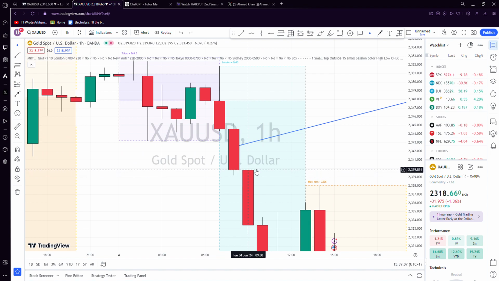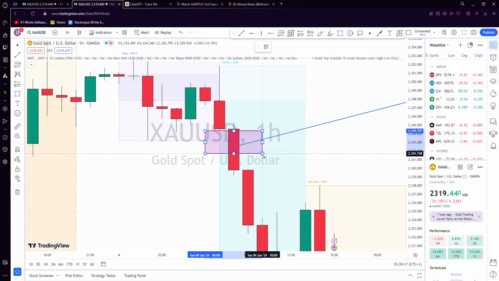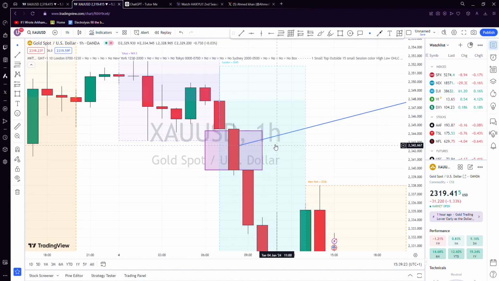And this one, the upper wick is very tiny, or basically non-existent. So if I draw the box, can you see it's from the wick, drag it out to the right, pull it down all the way. That whole box visually shows you the imbalance of this bearish candle.